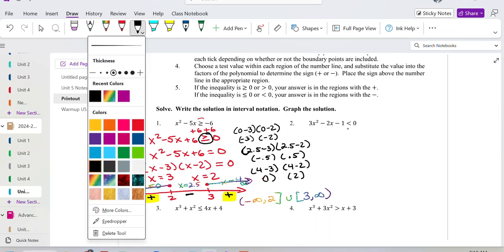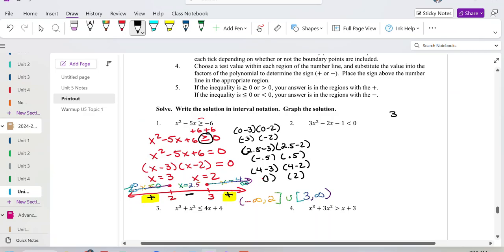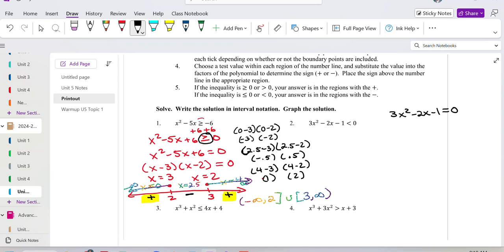So the next one here, we have to factor. 3x squared minus 2x minus 1 equals 0. The factors of negative 3 that add to negative 2 are negative 3 and positive 1.